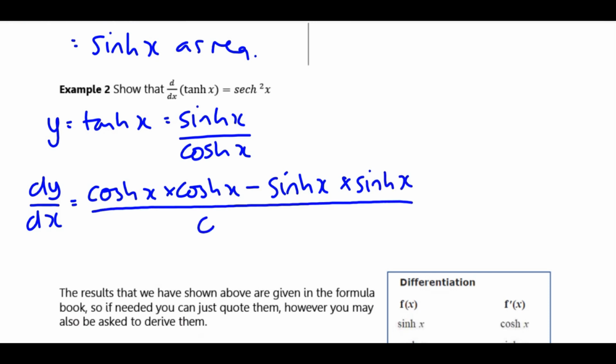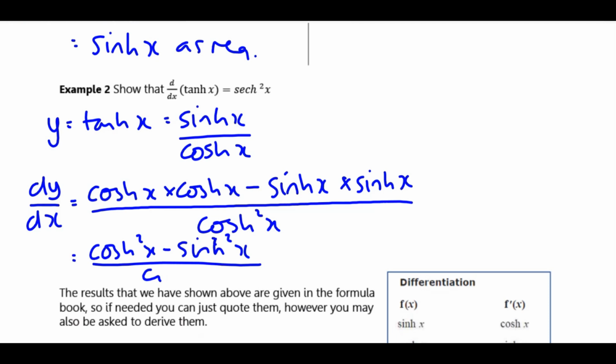And that's all over the bottom squared, which is cosh squared x. Tidying this up a little bit, cosh squared x minus sinh squared x over cosh squared x. The top of that should look familiar to you as an identity on the formula sheet, which is equal to 1.